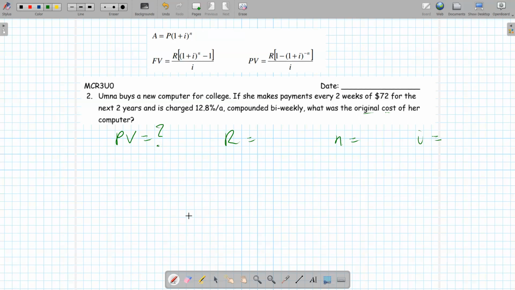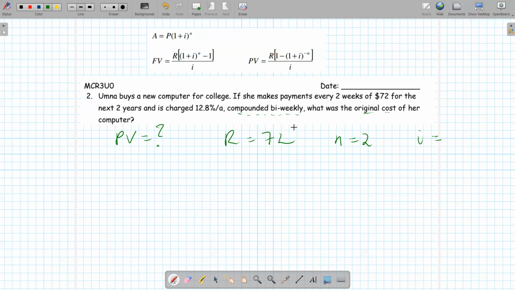What's R? $72. All right. What's N? 2 years. It's being compounded bi-weekly. What do we multiply the N by? 52.